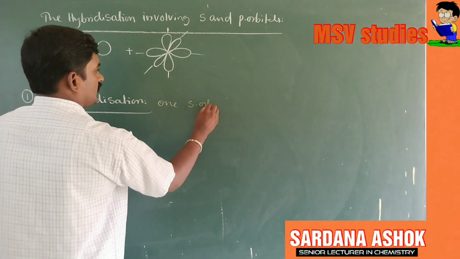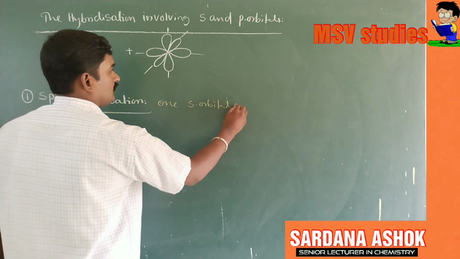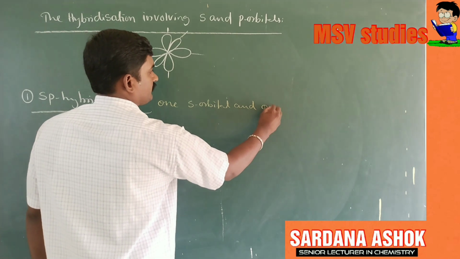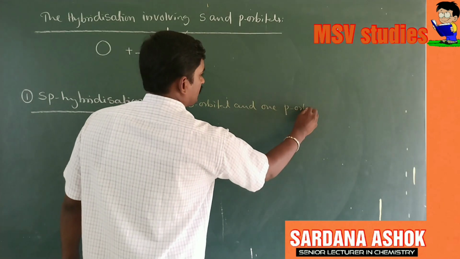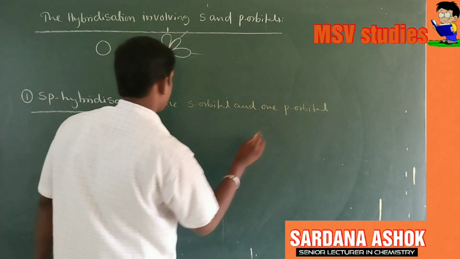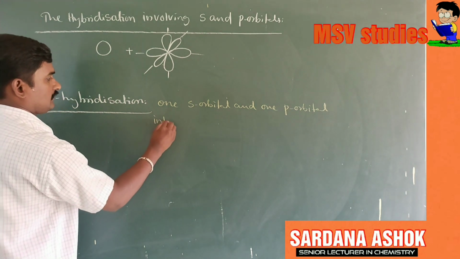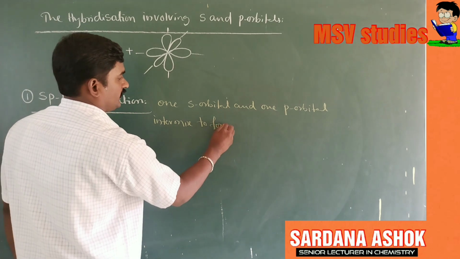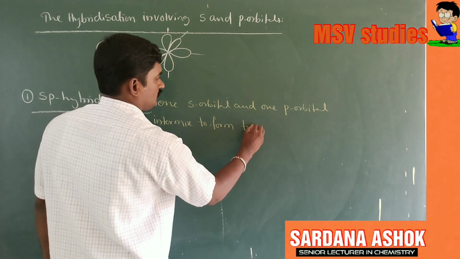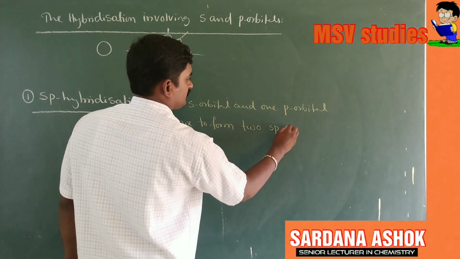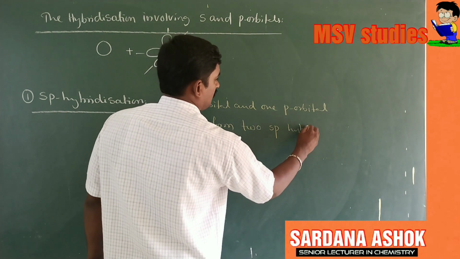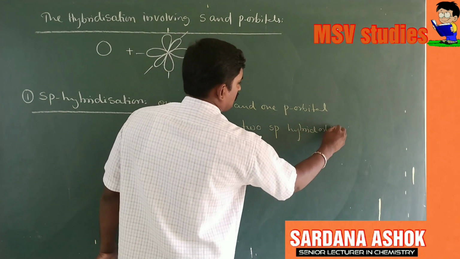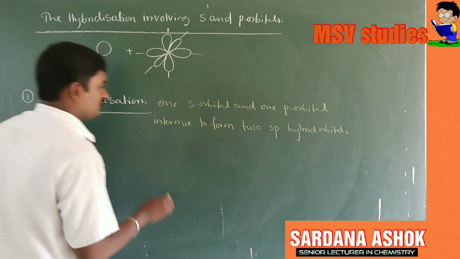One s orbital and one p orbital intermix to form two sp hybrid orbitals.